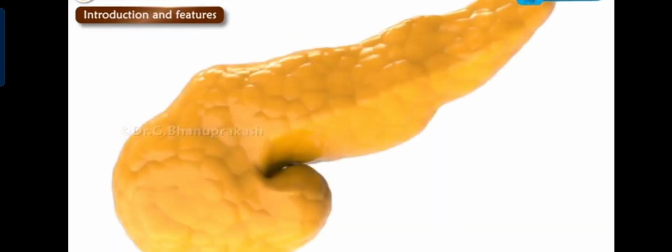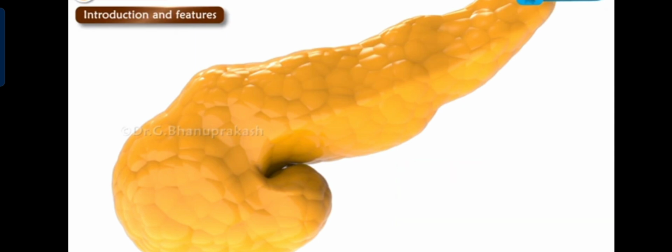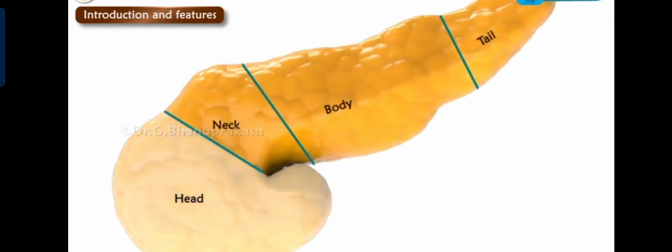Now if you see the shape of the pancreas, it is mainly J-shaped or retort shaped. The bulb of the retort represents the head of the pancreas. This part is the neck, body and the tail of the pancreas.